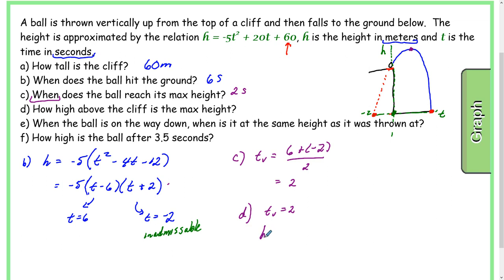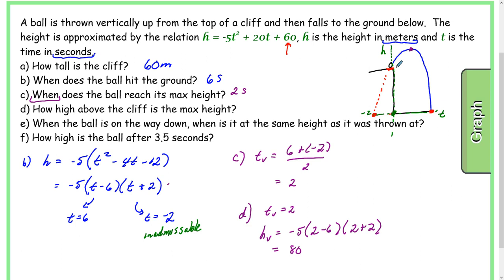So my height at my vertex is going to be -5 times 2 subtract 6, 2 plus 2. And that is going to be equal to, let me see, 80. So that is my height of my cliff.